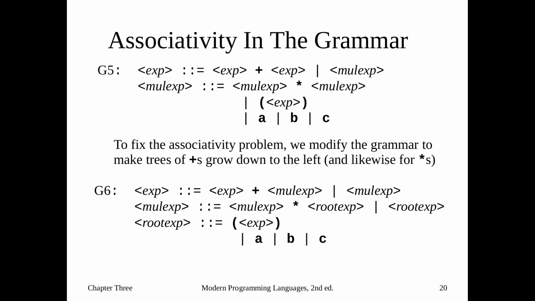How we're going to do this is essentially we need to have recursive items. For a given rule, for example in G6, the first rule exp has as its first item exp plus then the multiplication rule. The interesting thing is we want the same rule on the left.